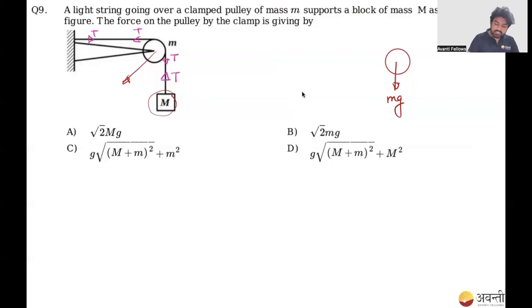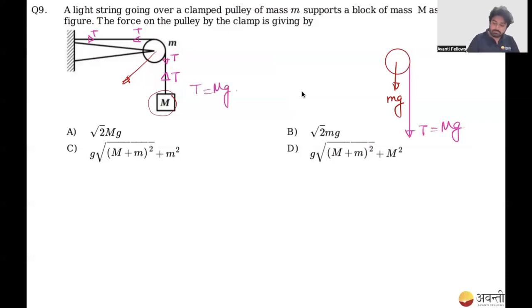So I can say here T is equal to Mg, right? And this pulley is pulled by another force, that is T, which is equal to Mg, capital Mg. Here also capital Mg.